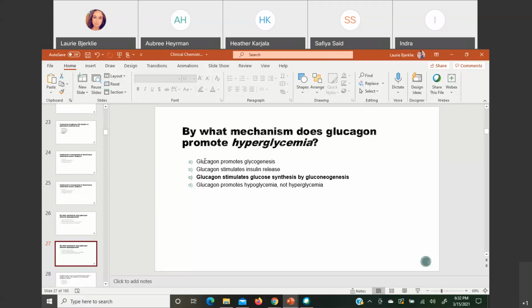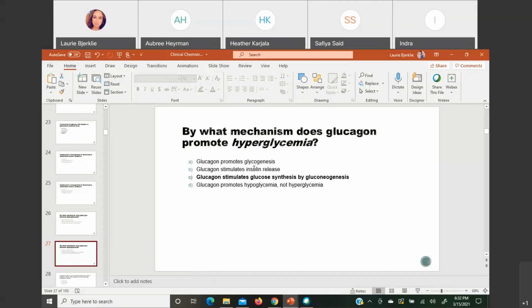So letter A, glucagon promotes glycogenesis. That would decrease your glucose levels because that's going to make more glycogen. It's going to store the glucose. It's going to take it out of the blood and put it in storage. Well, that doesn't make high glucose. That lowers it. So that's not right. Glucagon stimulates insulin release. Remember, insulin lowers your glucose levels. That's why diabetics have high sugar. They don't have insulin.